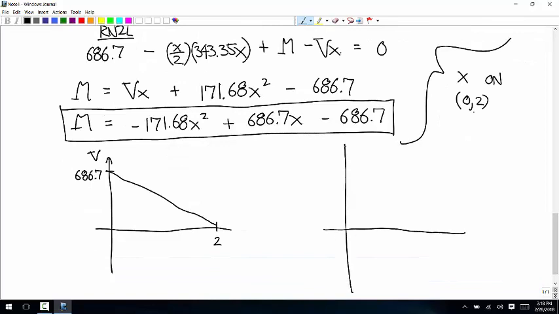And then for the bending moment, when x is equal to 0, we have a bending moment of negative 686.7. When x is equal to 2, this all comes out to be 0. And the leading coefficient is negative, so it's concave down. So it's going to be a parabolic shape like that.